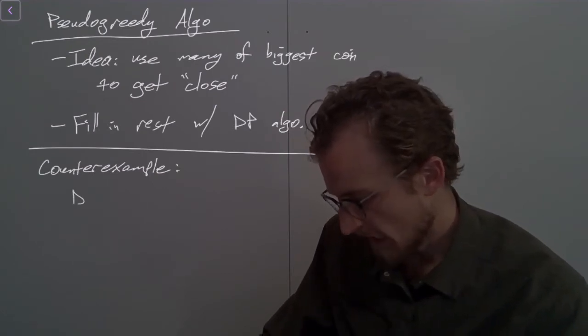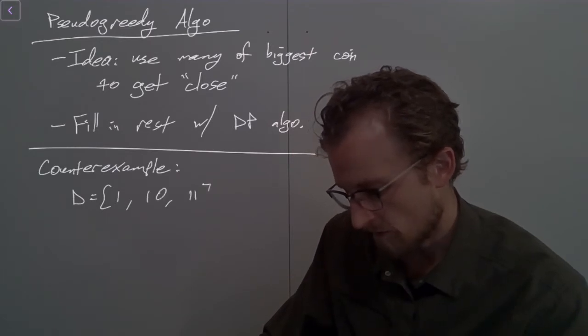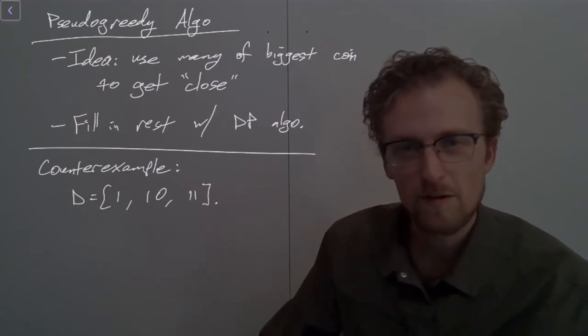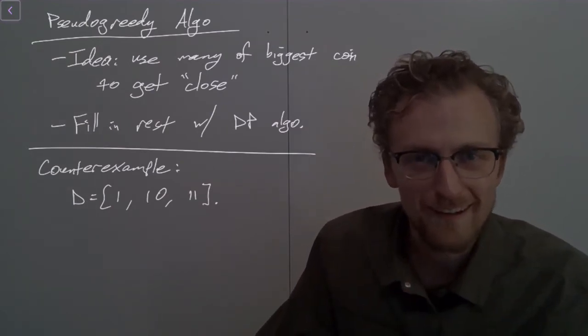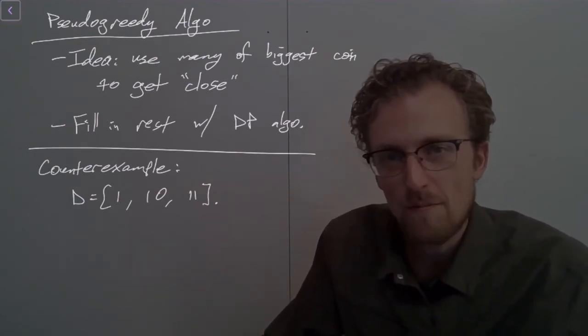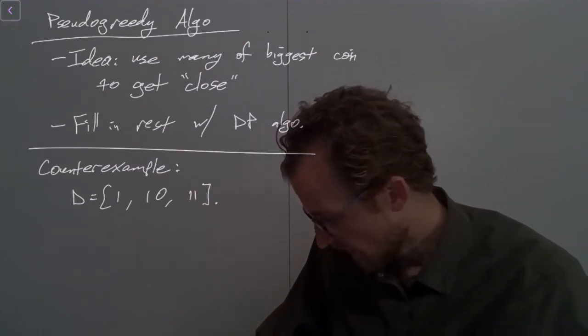So suppose D, my denomination set, is 1, 10, and 11. And, isn't it interesting that every time I talk about coins, I use a 1 and then some number and the next number? So 10 and 11 are really close together. Maybe there's something interesting about that makes this a challenging denomination set.